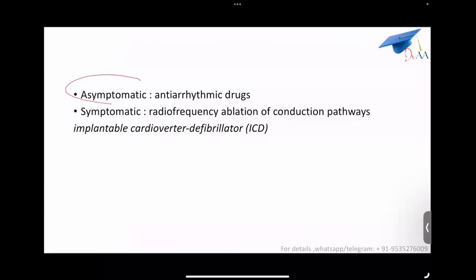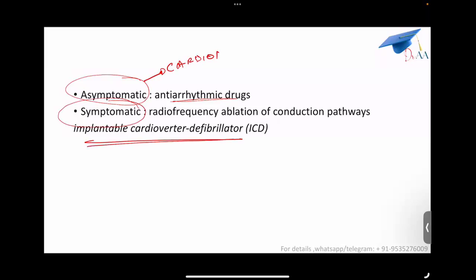If this finding is in an asymptomatic patient, who never had any symptoms, no syncope, nothing, then you just treat with anti-arrhythmic drugs. Basically you are not deciding, you just refer to the cardiologist, and he will decide what needs to be given. If the patient is symptomatic, you admit this patient for implantation of a cardioverter defibrillator.